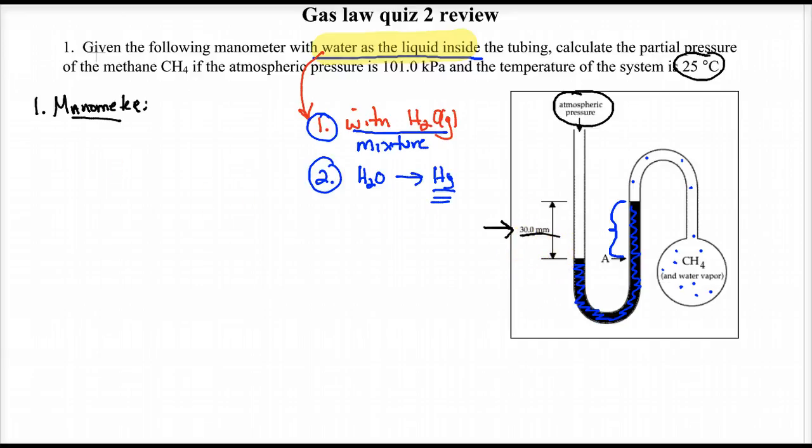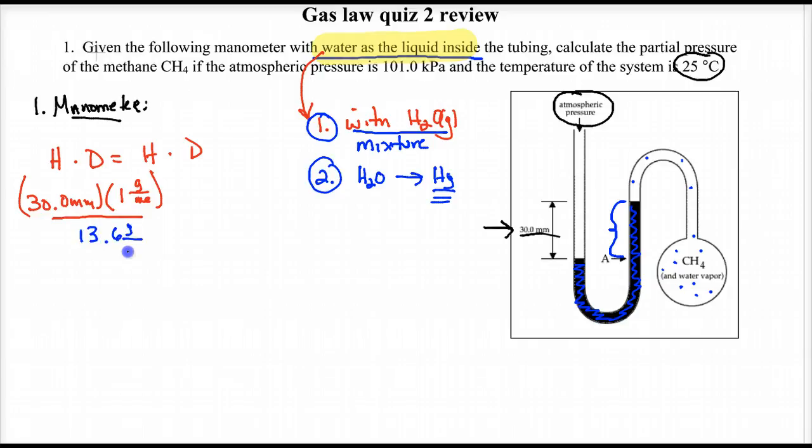So very simple. I start with height times density equals height times density. If you want to write it out, you can. You would take your 30.0 millimeters of water and multiply it by the density of water. Since I didn't tell you otherwise, the density is 1 gram per milliliter. Now we're going to solve for the height of mercury. That density goes below, and for mercury, that density is 13.6 grams per milliliter.